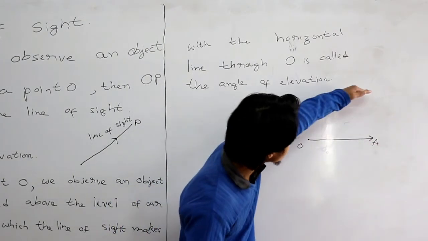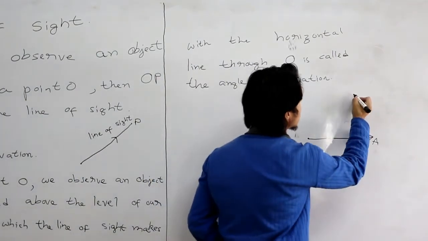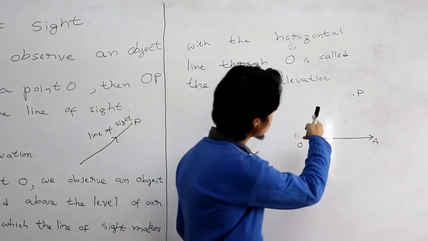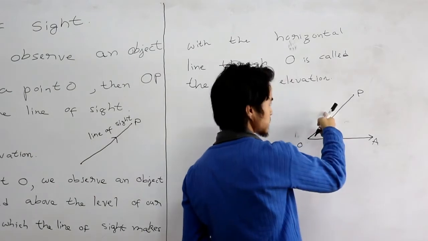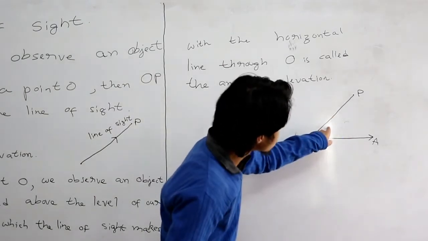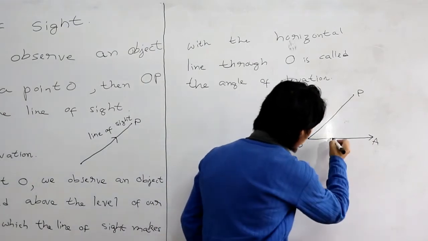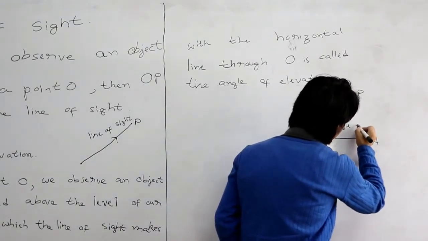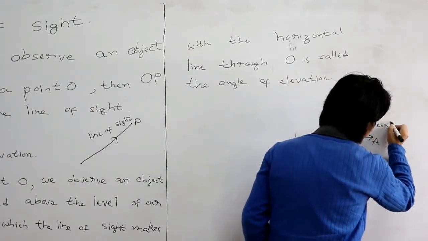And suppose the object is placed somewhere here, and we clearly see that this level will be a level above the level of our eye. So when we observe this object, this line will be the line of sight, and this angle which is formed by this line of sight with the horizontal line is called the angle of elevation. So this angle will be the angle of elevation.